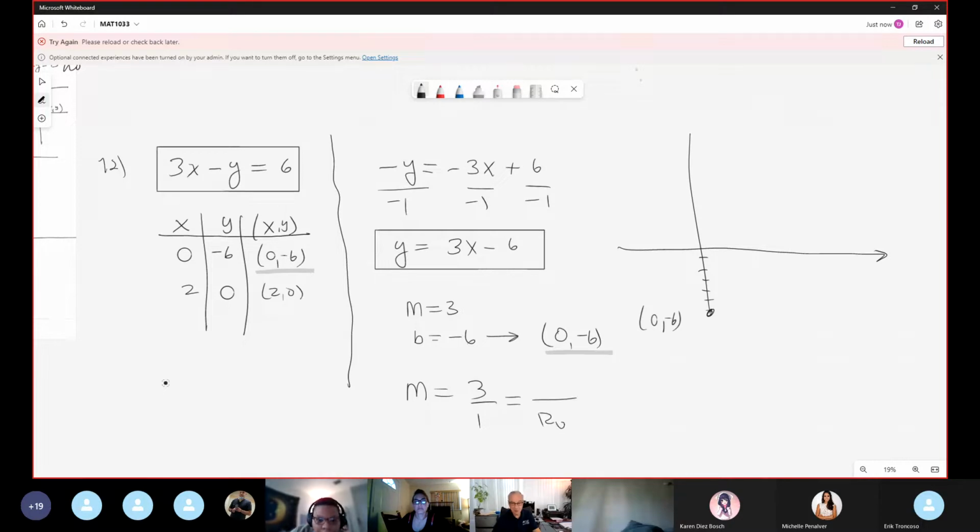Rise is 1 and run is 3. So rise is +1 and run is +3. Therefore, I walk 1, 2, 3 over, and 1 up here. I obtain this point. This point is (0, -6). This point is (1, -3).